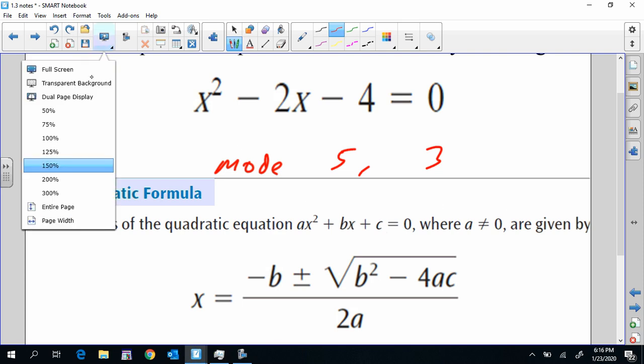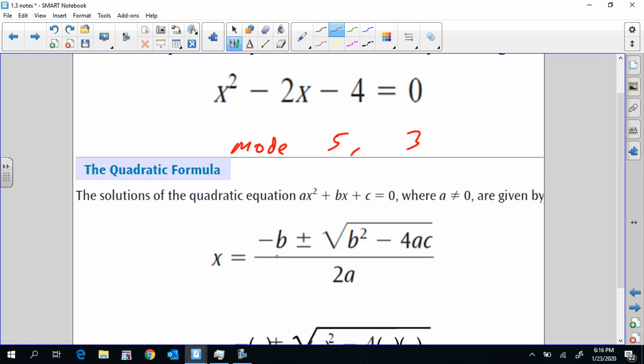And we're not to that yet. We're simply right here, right now, using the quadratic formula. In standard form, it has to start that way: AX squared plus BX plus C equals 0, where A is 1 here, B is -2, and C is -4.